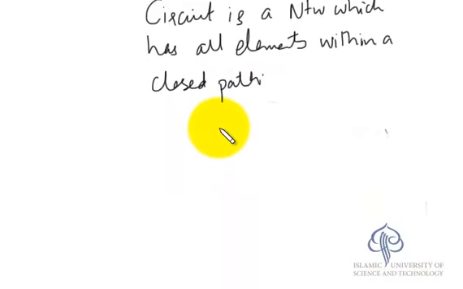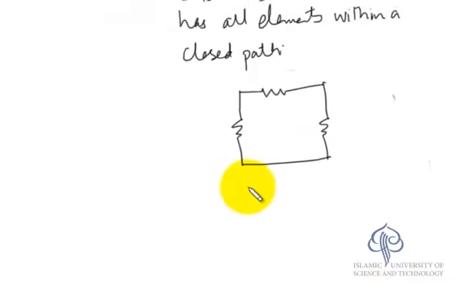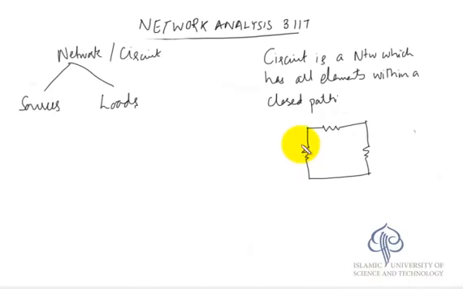A network may have some open part also. For example, this is a circuit because all the elements, the three resistances, are lying within a closed path. You can draw a closed path and all three of them will fit in. But if a resistance exists here, it is still a network, but it no longer remains a circuit. So this is a slight difference between the two.